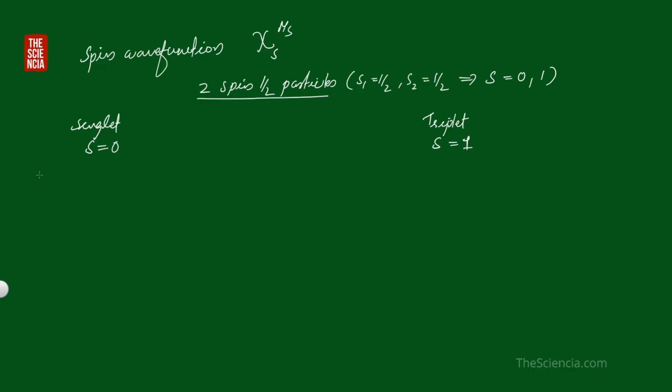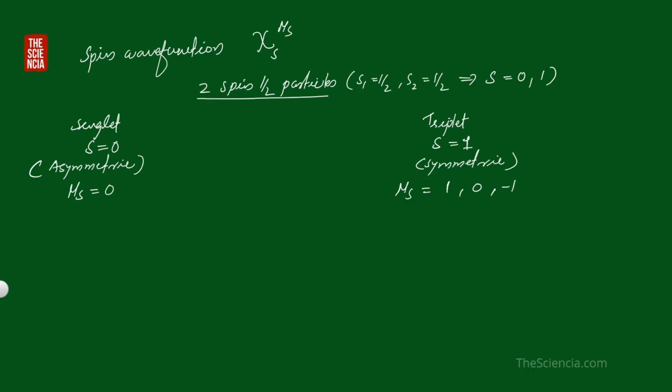And I told you the singlet state is an antisymmetric state and the triplet state is a symmetric state. That is, the wave function is also symmetric. And I told you for S equal to 0, the capital MS value will be equal to 0, and for triplet state, the capital MS value will be 1, 0, minus 1.